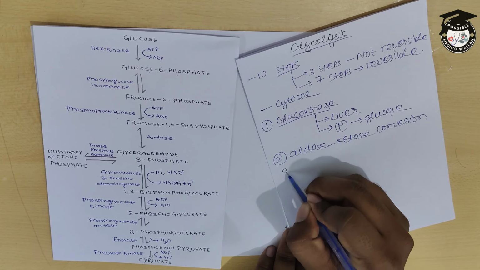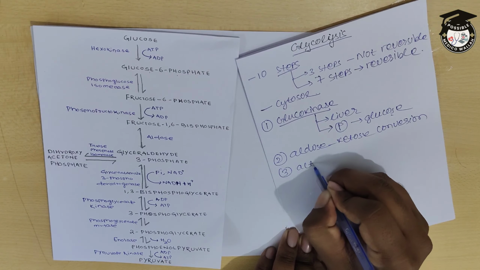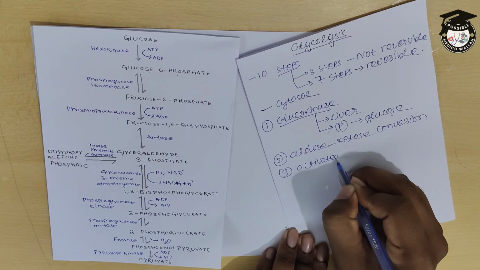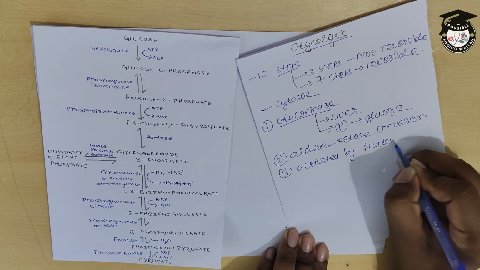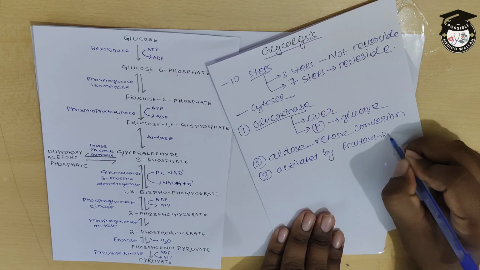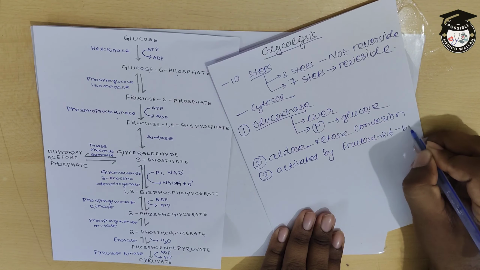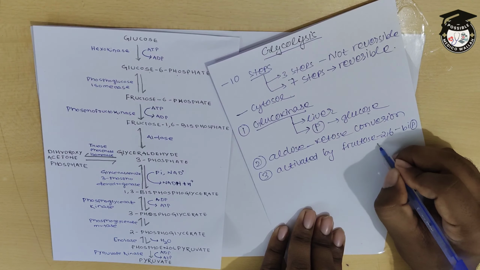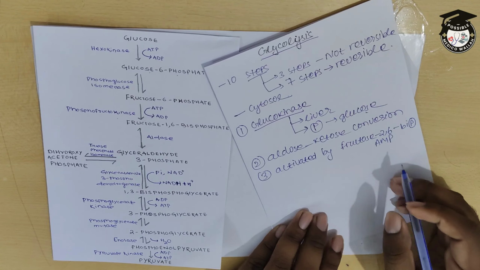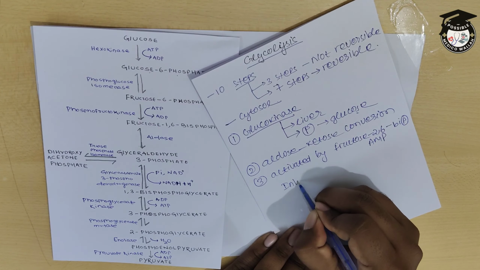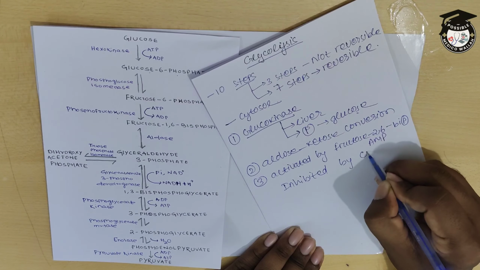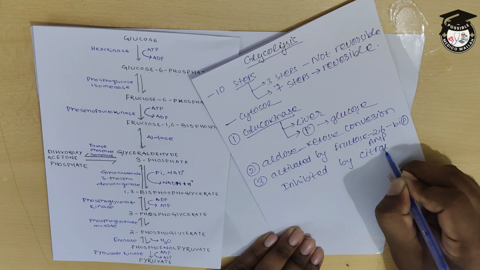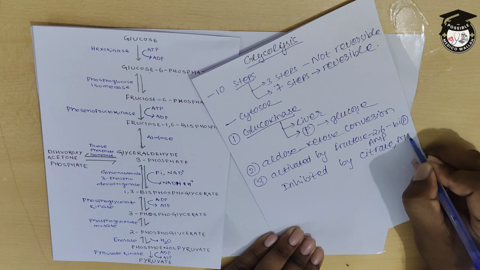It is activated by fructose 2,6-bisphosphate and AMP, and inhibited by citrate and ATP.